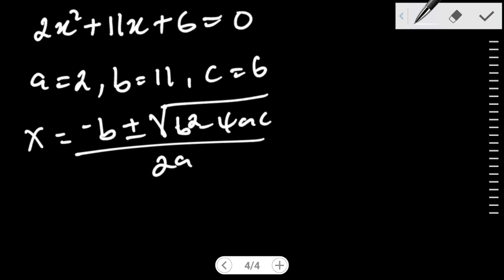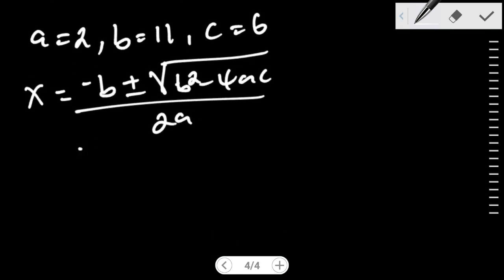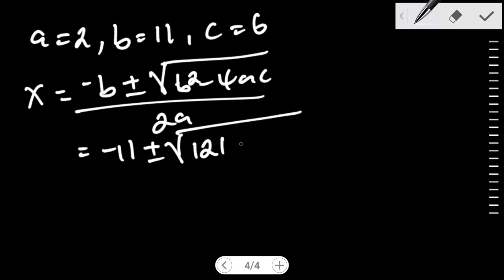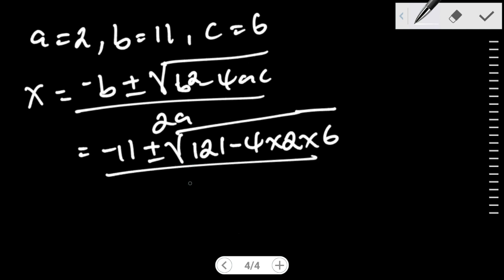In this case my b is 11, so it will be negative 11 plus or minus root of b squared, which would be 121, minus 4 times a, of which a is 2, times c, which is 6 in this case, divided by 2 times a, which is 2.